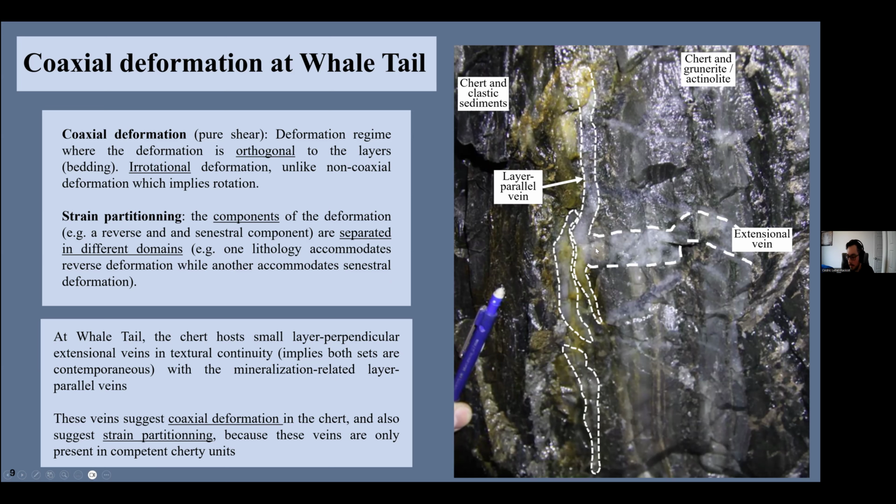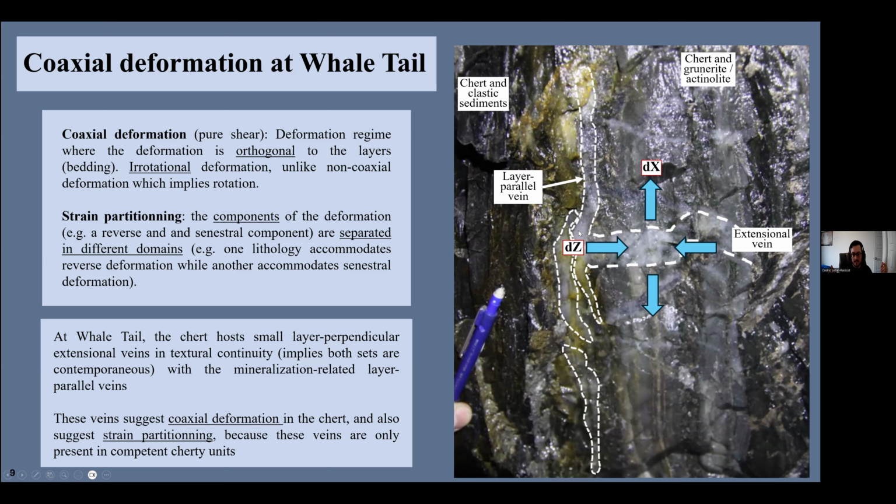Since they meld into each other, it means both sets are coeval and formed at the same time. The extensional veins are important because they can help us place the strain axes. I drew them here. Basically, I'll explain the strain axes real quick.